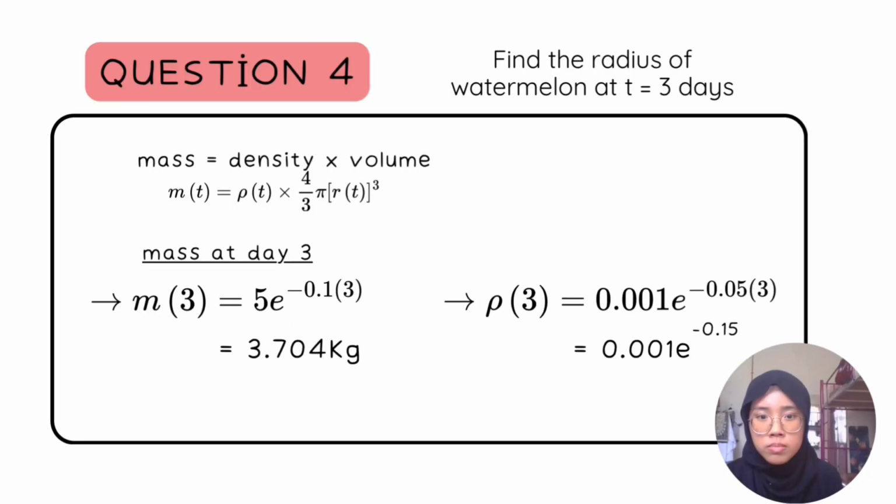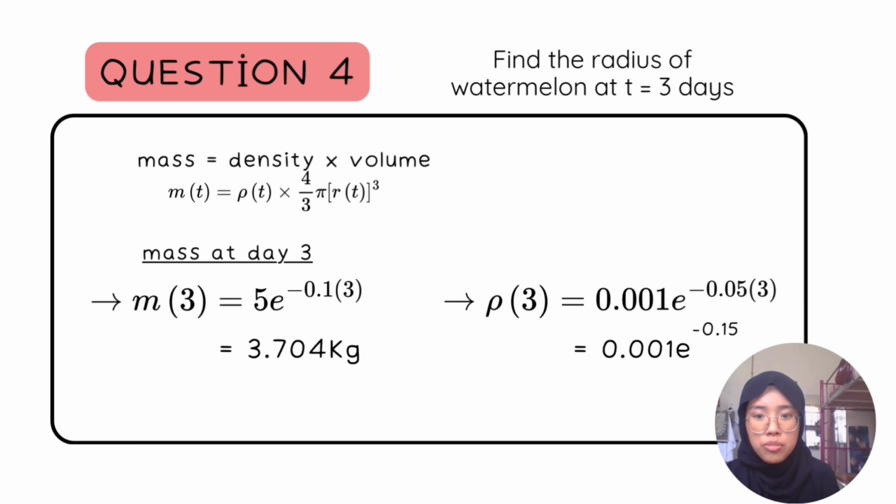So let's move on to question 4. Find the radius of the watermelon at t = 3 days. We know that the formula of mass is equal to density times volume. So using all the information that we have, the equation is m(t) = p(t) × 4/3 π r(t)^3.